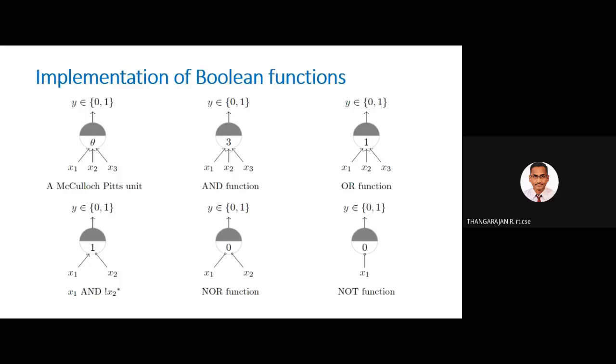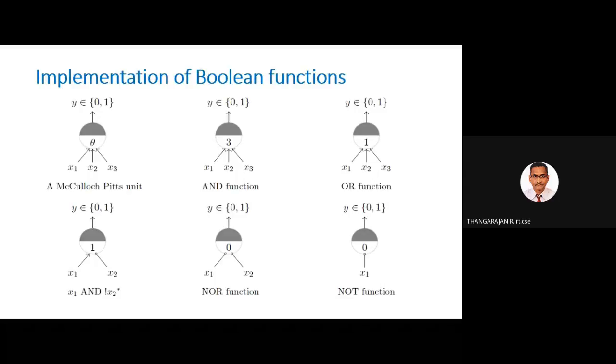If all inputs are 0, only in that case output will be 0, because when all inputs are 0, the sum will be 0 and will be less than the threshold. Okay. In the other cases, if either one input or two inputs or all three inputs are 1, the sum will always be greater than or equal to 1 and my output will be 1. So this is a simple OR function implemented using a McCulloch-Pitts neuron.